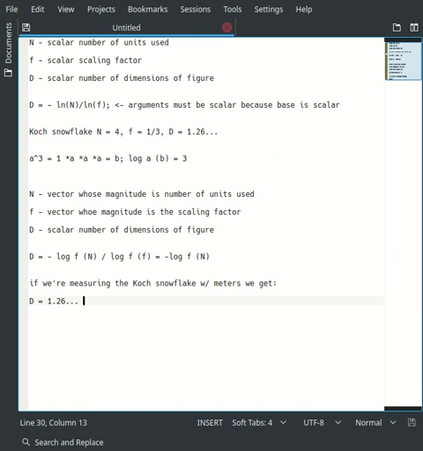The dimensionality is that, but this is the exponent on meters, right? So the unit of the snowflake, there we go, is meters to the 1.26 yada yada, right? So it's not meters squared, it's this fractional exponent on the meters. That's what it is, right? That's what you measure a Koch snowflake in.